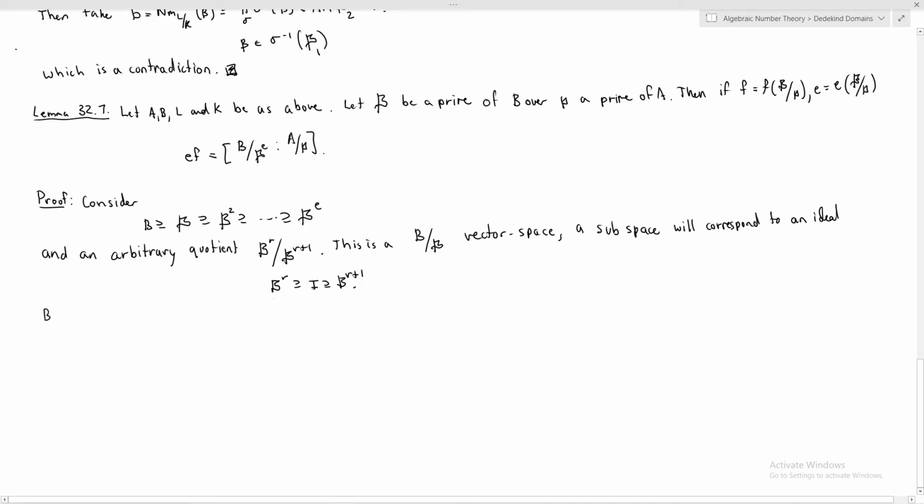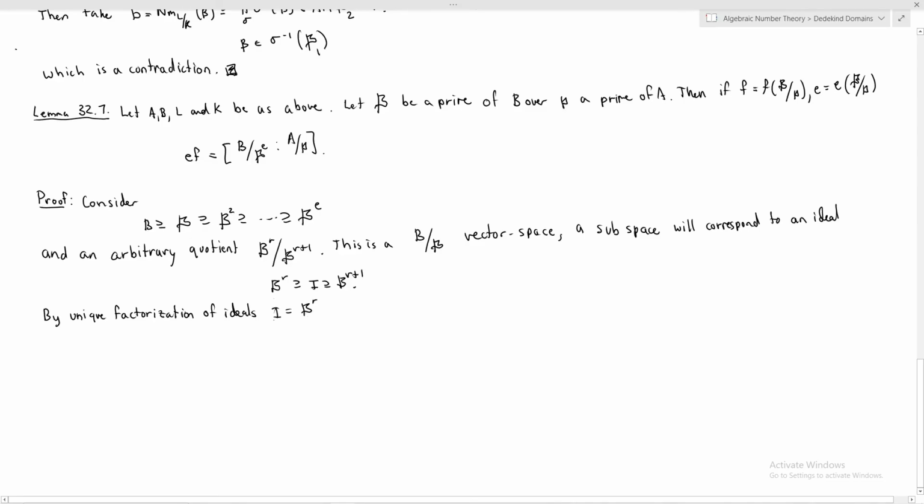By unique factorization of ideals, and this might be overkill, but it certainly does the job, because if I is contained in P to the R, then P to the R divides I, and if I contains P to the R plus 1, then I divides P to the R plus 1, and there's only 2 choices then. Maybe I should choose different notation.